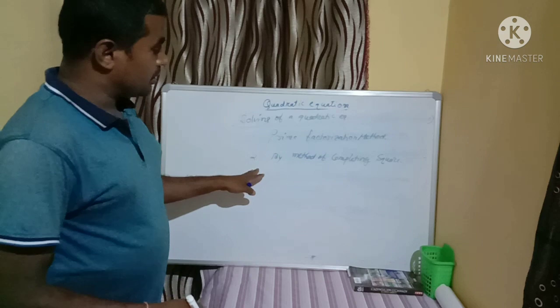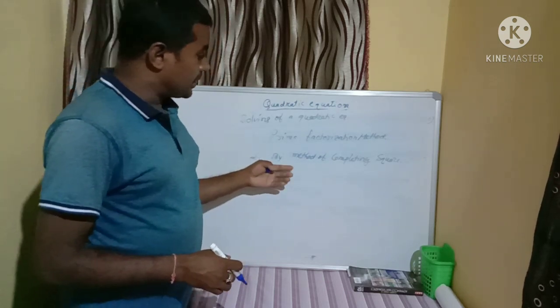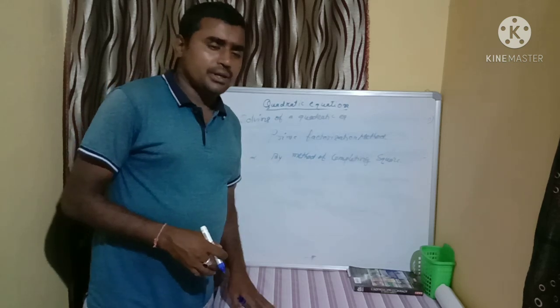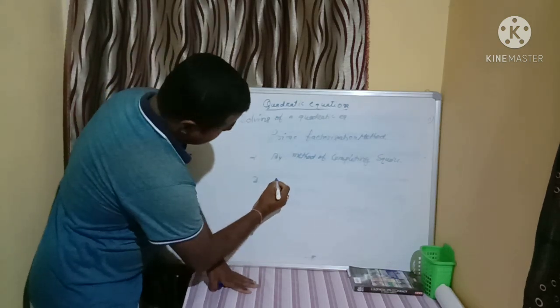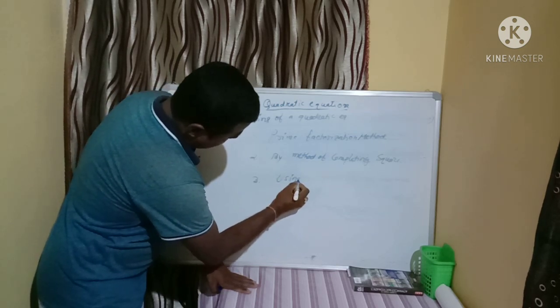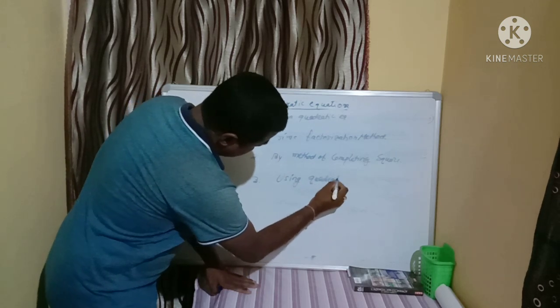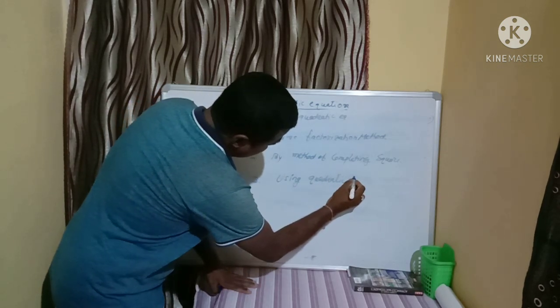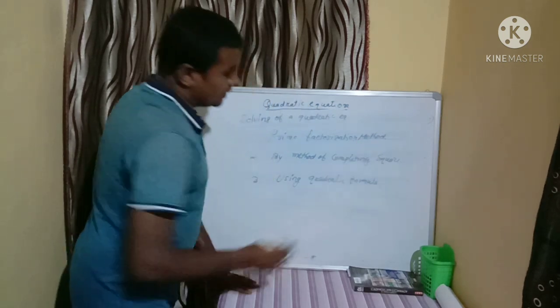This is the second method of solving a quadratic equation, that is by method of completing square. And third one is by using quadratic formula.